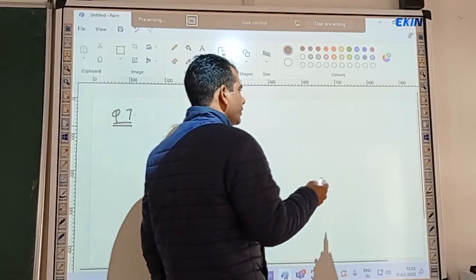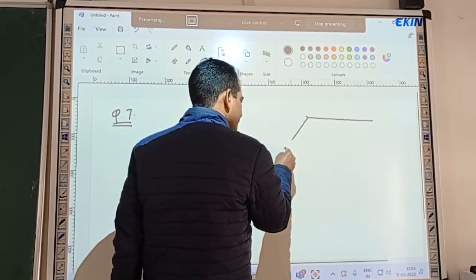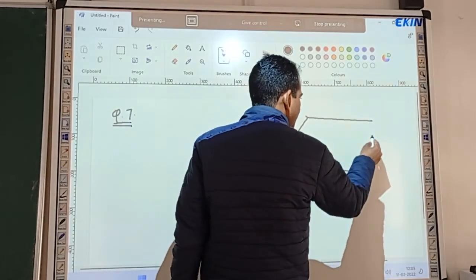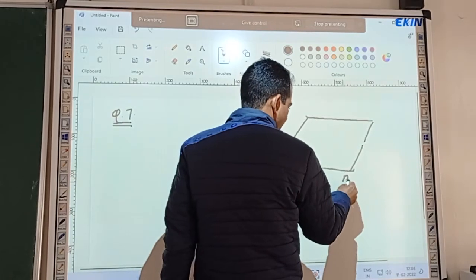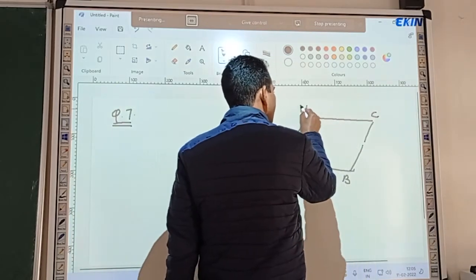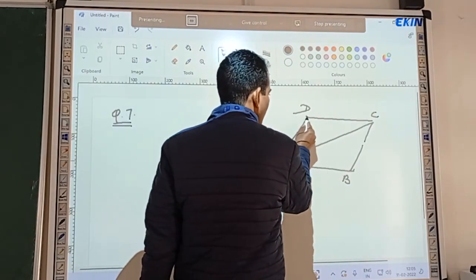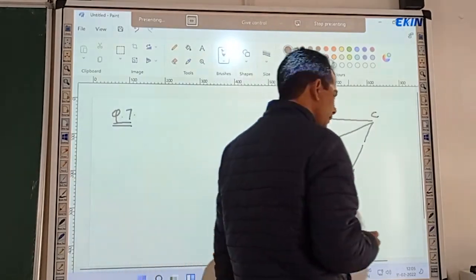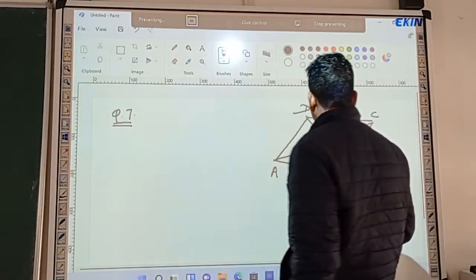That is a rhombus shaped tile A, B, C, D. The diagonals are 45 centimeter and 30 centimeter.